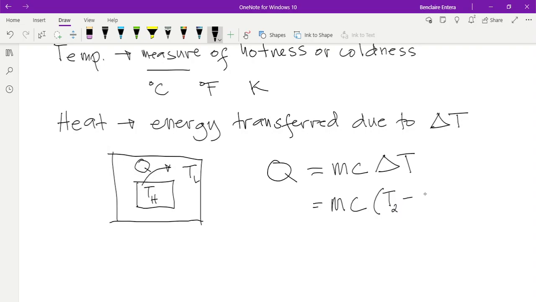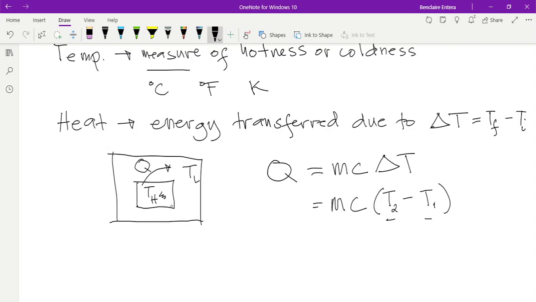Did you use T2 minus T1? Or sometimes you can also use TF as final temperature minus TI initial temperature. So take note that this final and this initial temperature is the temperature of the object.